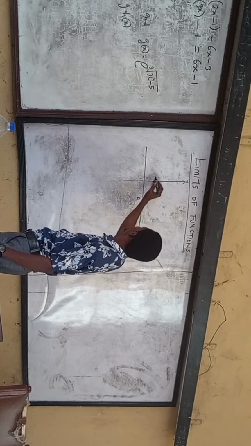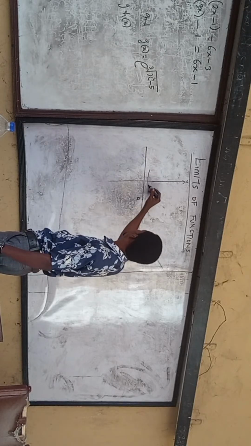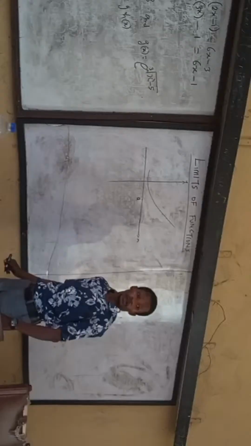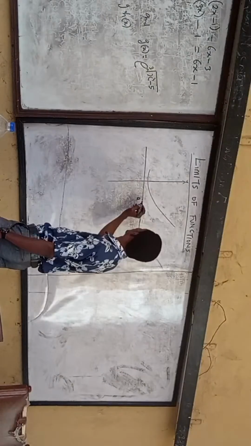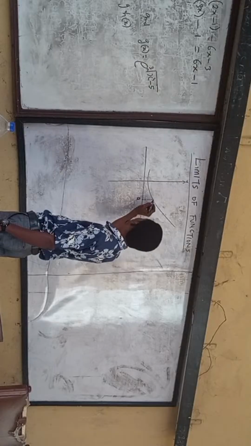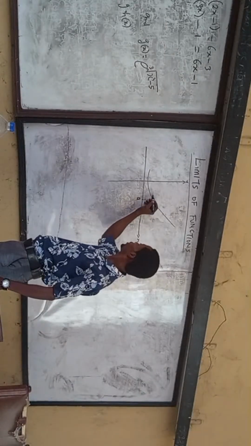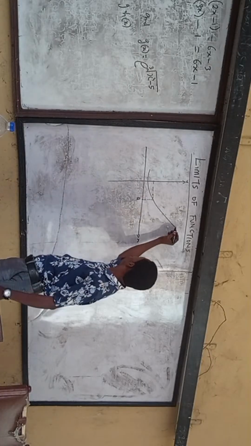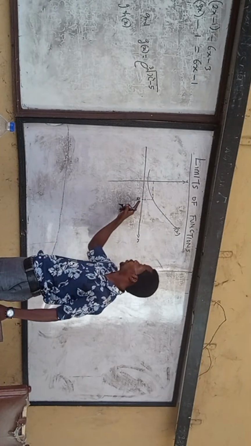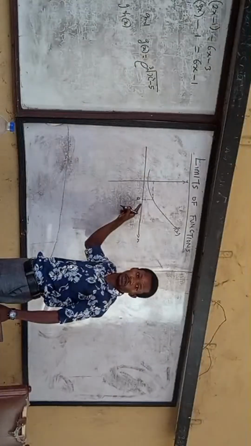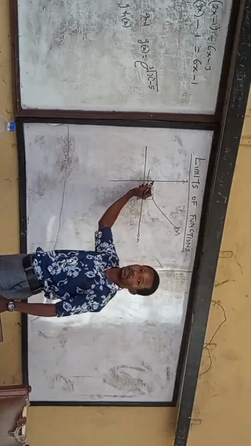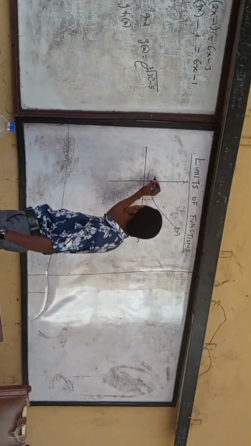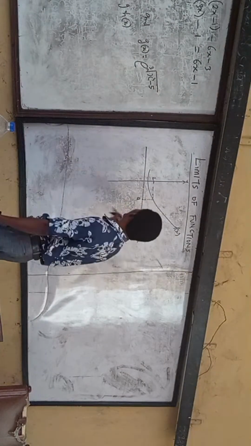After plotting the graph, the value of the function f of x at this point A on the x-axis is this value here. Let's call that value, let's say, here.